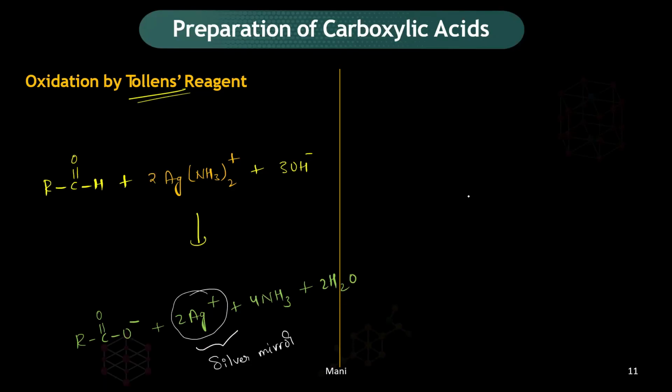Remember, the metallic silver will deposit and cause the silver mirror at the bottom of the test tube. And you will be getting ammonia and water. And there is a carboxylate ion. This carboxylate ion will join up with hydrogen and form the carboxylic acid. So aldehydes react with Tollens reagent in the presence of hydroxyl ion, giving the silver mirror, carboxylic acids, ammonia and water. Clear?